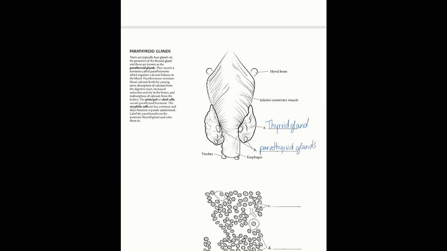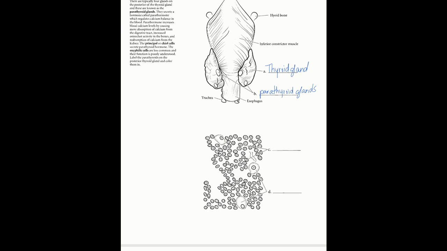And the parathyroid glands have different types of cells, one being principal cells. These may also be referred to as chief cells. And oxyphilic cells.